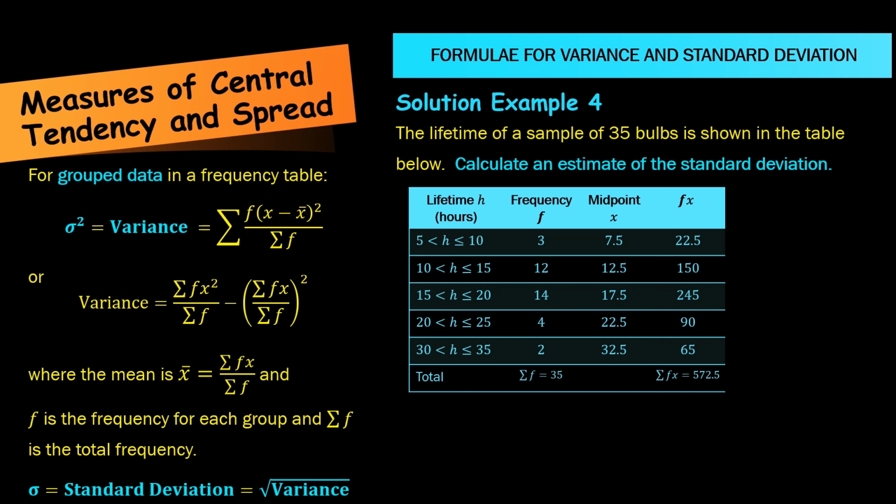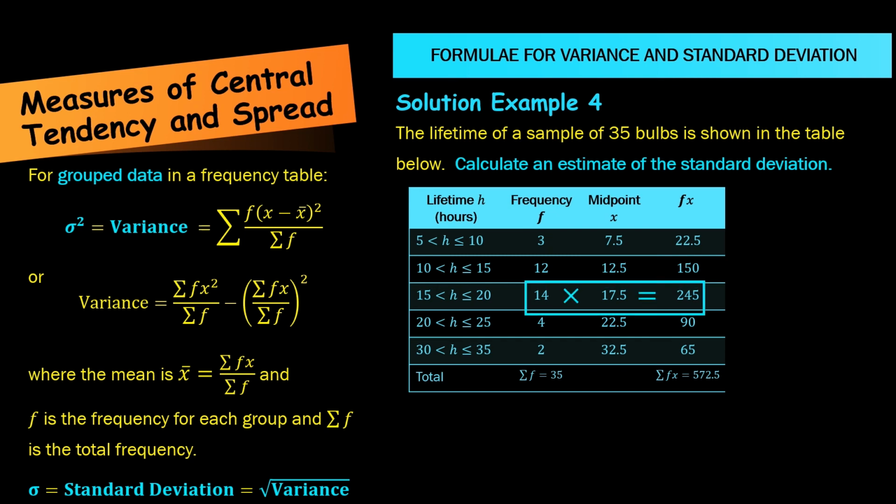We also have fx in our formula, so we multiply each frequency by the corresponding midpoint. So for the first interval, we have 3 times 7.5, which is 22.5. For the second interval, 12 times 12.5, which is 150.